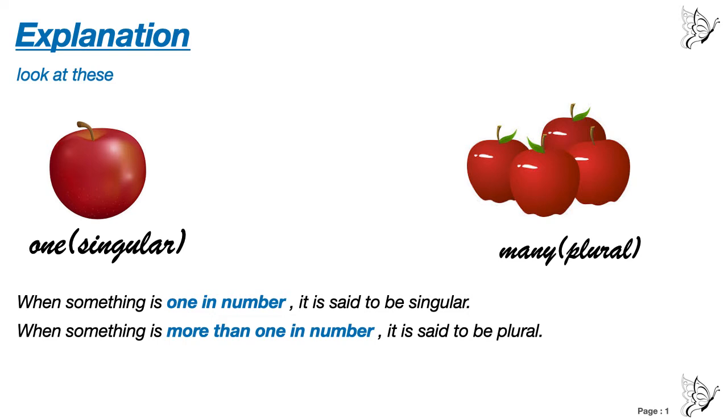If there is one thing or one person, then it is singular. And if it is more than 1, ek se zyada, then it is called plural. So on the left hand side we have one apple, that is singular, and on the right hand side we have 4 apples, then it is plural.